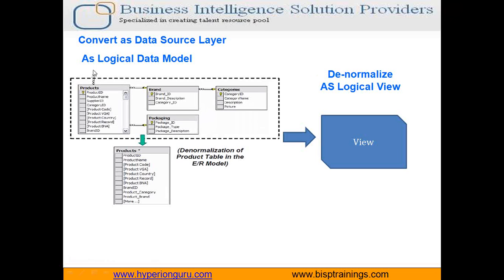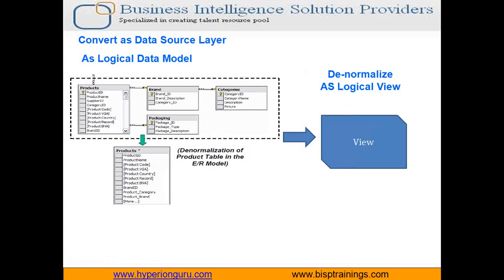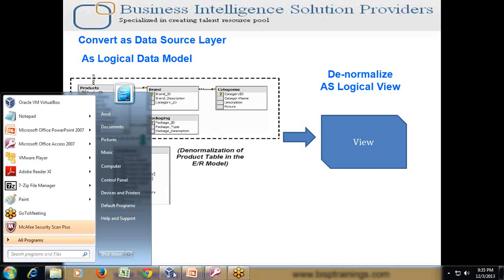However, by creating views, the process could be simplified. So in this example, we denormalize all these tables and create a view rather than creating a table. So you have two methods: either you create a physical table or you create a logical view before you pull the metadata into a framework manager. Now let's see how it is done in framework manager.